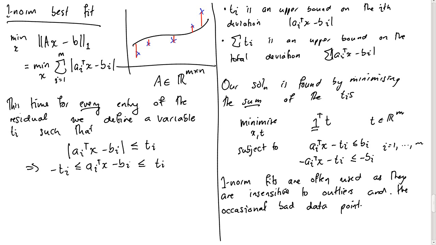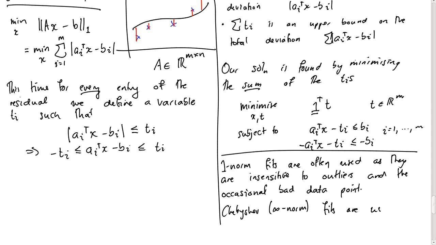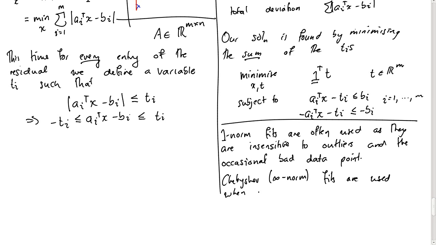Okay, now the infinity norm fits. Chebyshev, or infinity norm, well, we use these when, for whatever reason, we want to minimize the worst case behavior. We want to minimize the greatest deviation. So it's kind of a different type of problem that we'll be using infinity norm fit for.